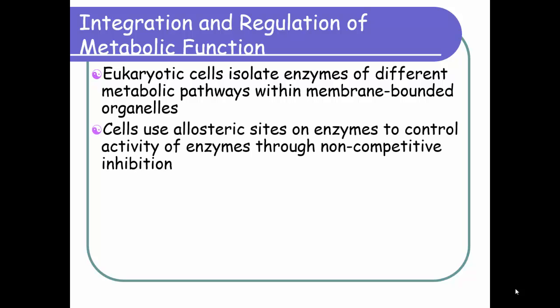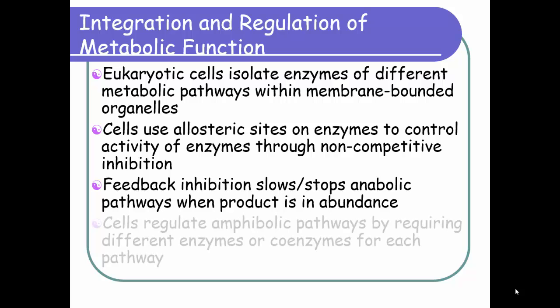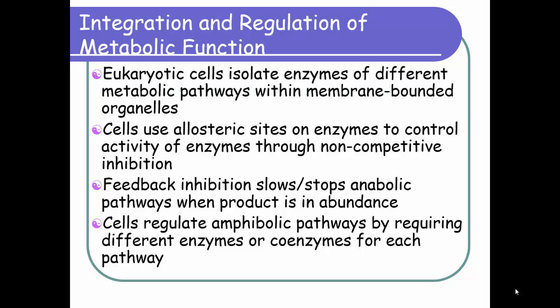Cells can use the allosteric sites on enzymes to control the activity of the enzymes through non-competitive inhibition. Feedback inhibition slows or stops anabolic pathways when the product is in abundance. If I already have plenty of tryptophan, I don't need to continue to make it. And cells regulate amphibolic pathways by requiring either different enzymes or different coenzymes for each of the pathways.